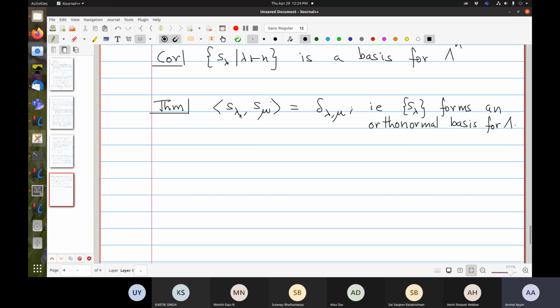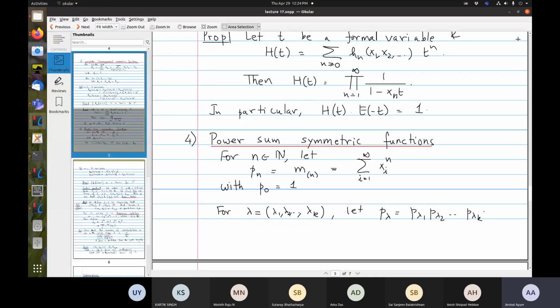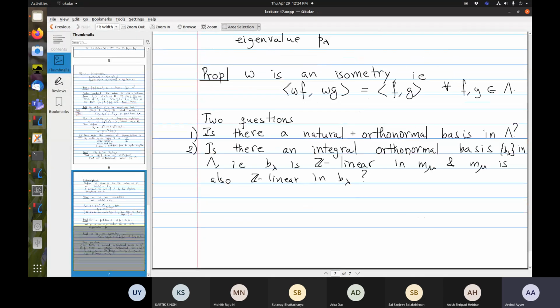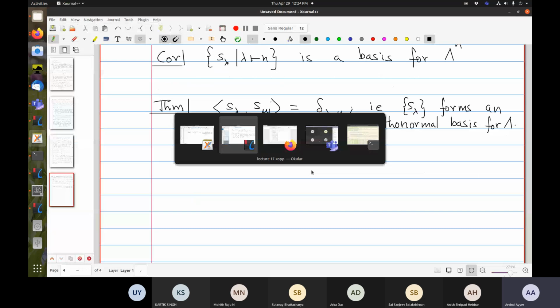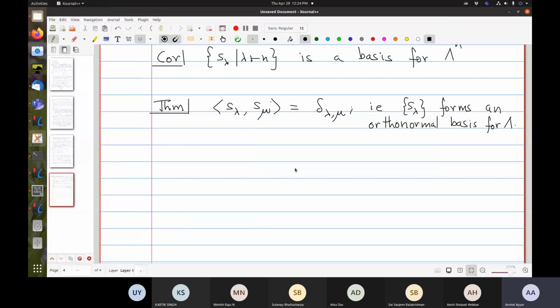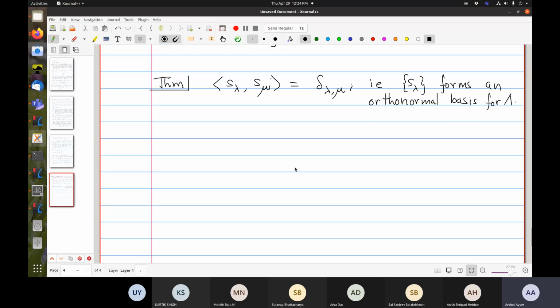So remember, the p lambdas are orthogonal but not orthonormal, and s lambdas are orthonormal, and so this answers the question that I had posed at the end of the last class. Yes, there is a natural orthonormal basis, and yes, it is the same basis that satisfies the second property, as I showed you in this example. Okay, so it's really the nicest basis in some sense.